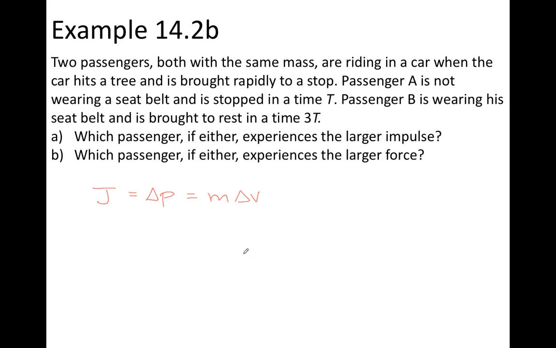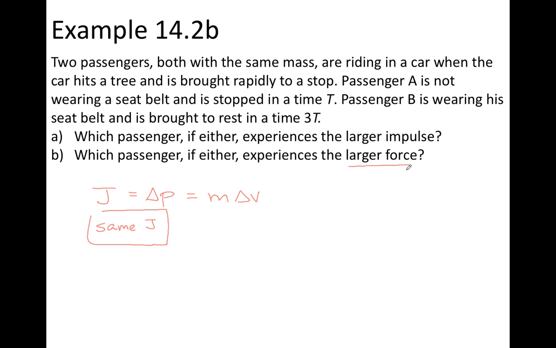Both passengers started with the same velocity and they ended with the same velocity, so they both have the same change in velocity. So if they have the same mass and the same change in velocity, that means they are going to experience the same impulse. The safety belt does not affect the impulse because the impulse is the change in the momentum.